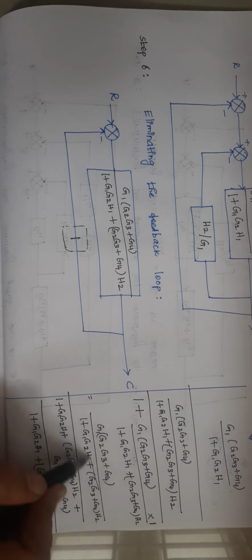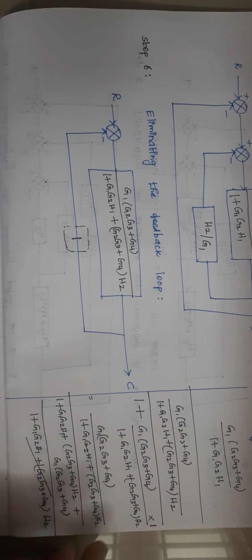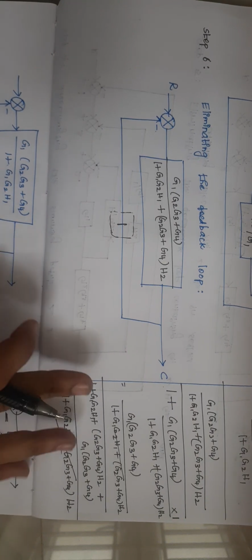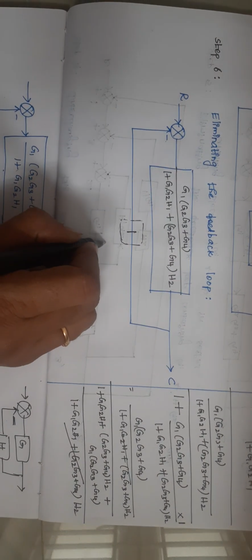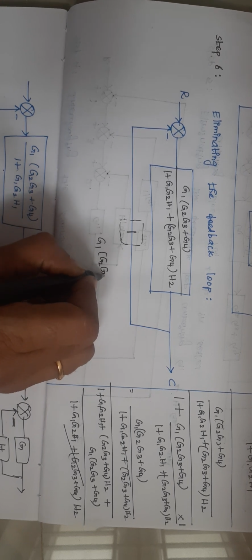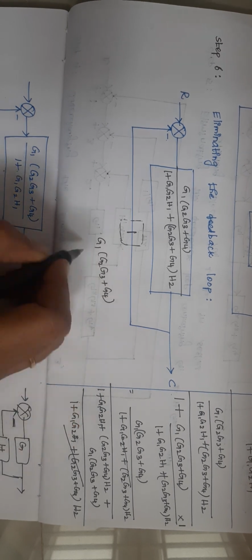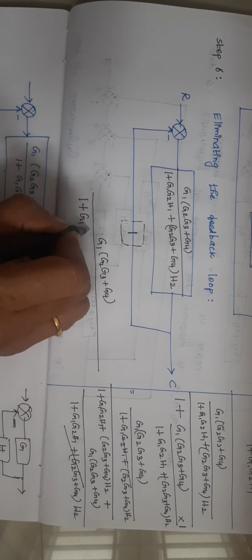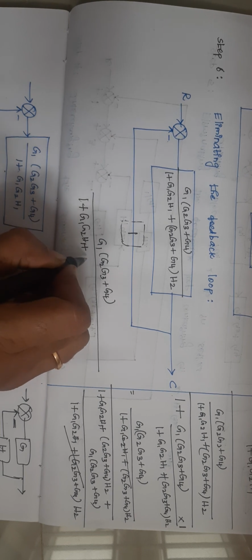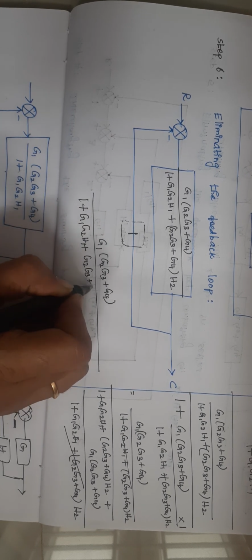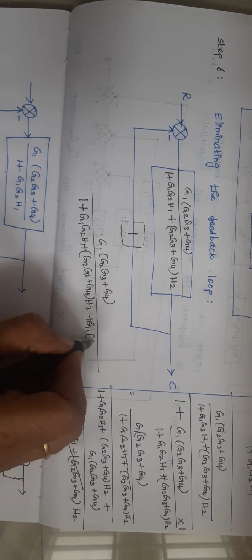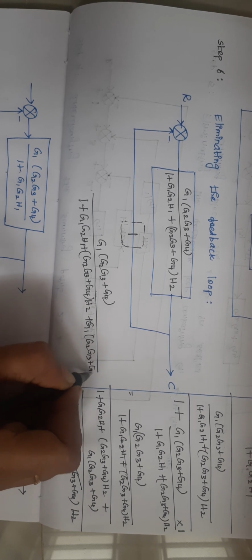So here this denominator term and this denominator term are equal, so both the denominators will get cancelled and the remaining expression will be G1 (G2 G3 plus G4) divided by 1 plus G1 G2 H1 plus (G2 G3 plus G4) into H2 plus G1 into (G2 G3 plus G4).